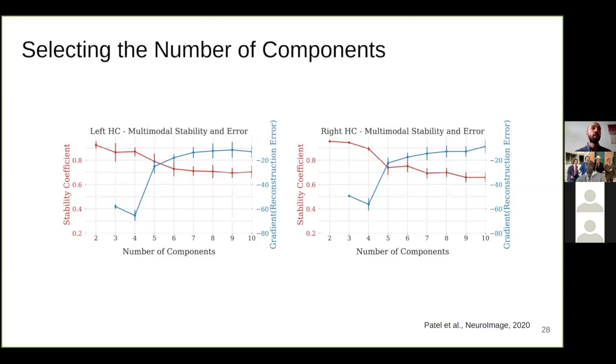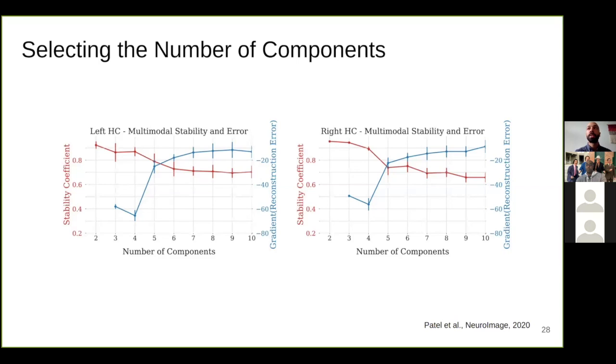So this stability coefficient represents the spatial similarity between output NMF components in 2 splits of data. So a high stability coefficient tells us that the output spatial patterns are replicable within the data set and representative of the vast majority of the subjects, as opposed to being driven by a smaller subset of outliers in some way. And so we want high stability, but we also want to capture as many patterns as possible.